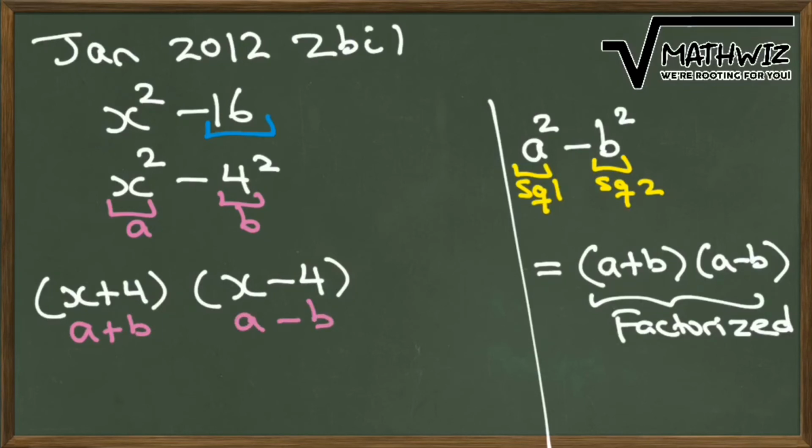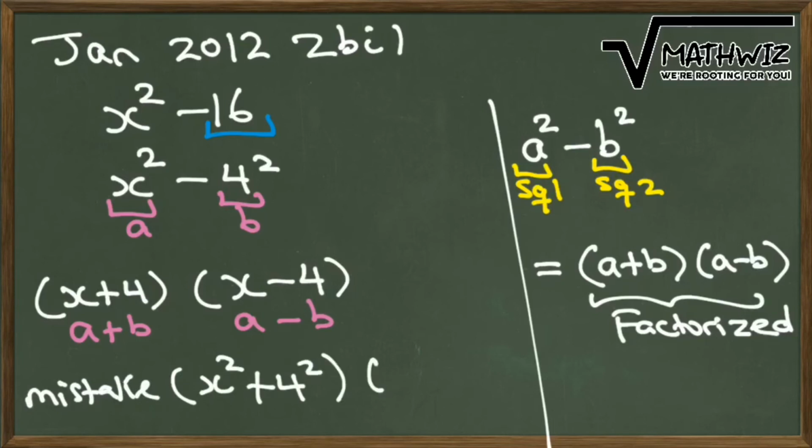Another common mistake is that I see students put the square in the bracket. They'll put x squared plus 4 squared, x squared minus 4 squared. That's incorrect. What you're supposed to do is simply put a plus b. Once you've identified, a is just the x and b is just the 4. So just be careful with that.